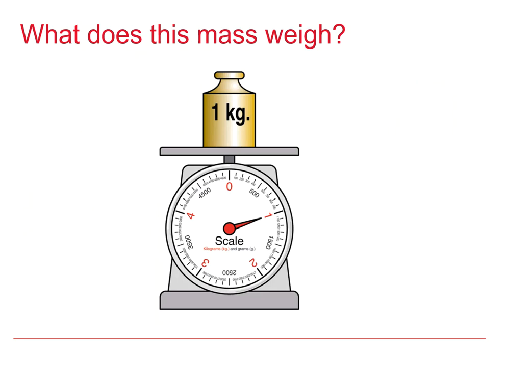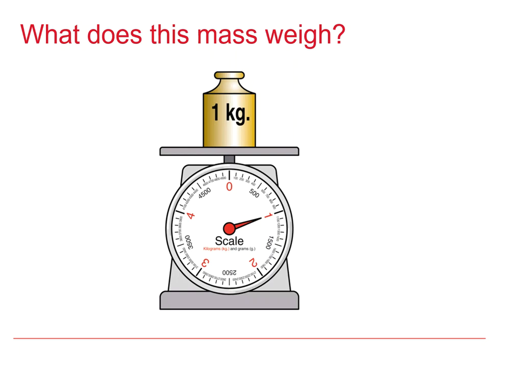Now, it's important in mechanics to make the distinction between mass and weight, because often we think of these things as being the same thing, but they're not. So if you see a set of scales like this, you place a 1 kilogram mass on them, and they give you a reading of 1 kilogram. What that is actually showing is not the weight of the object, it's actually showing you the mass of the object.